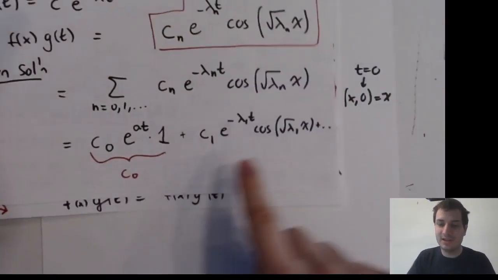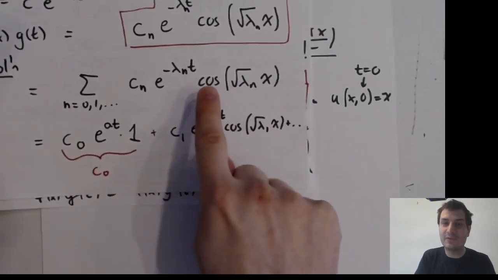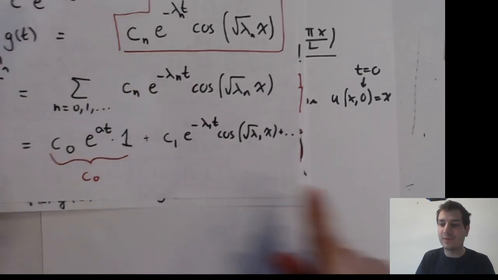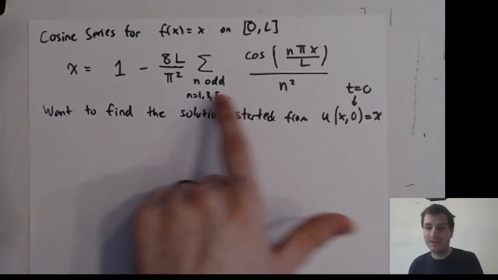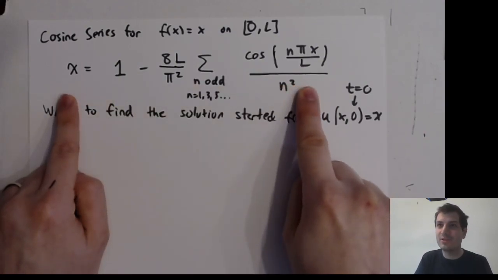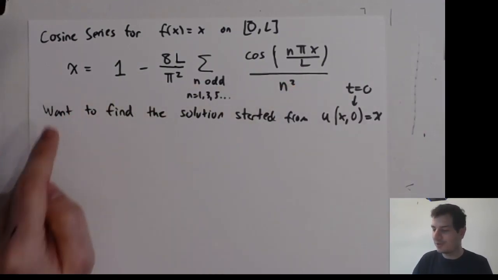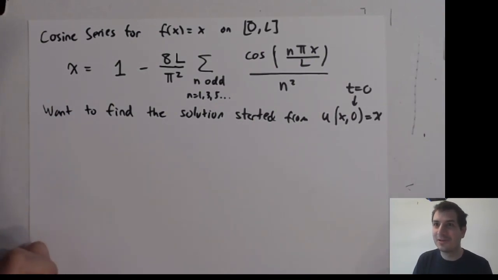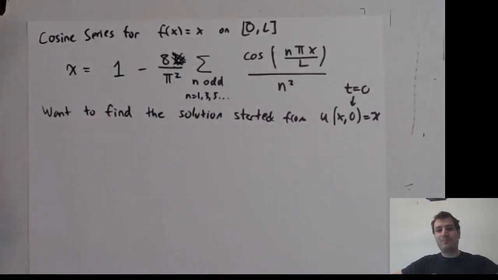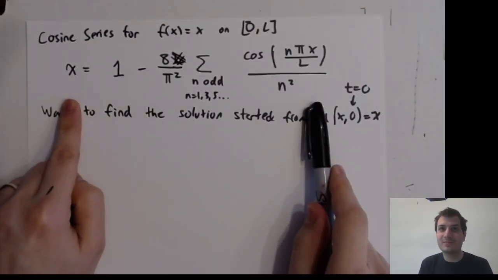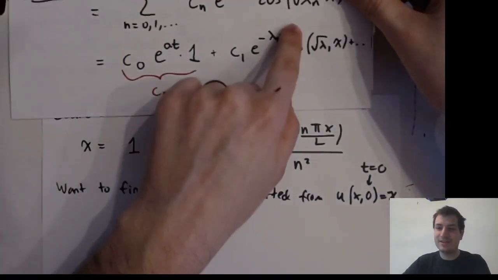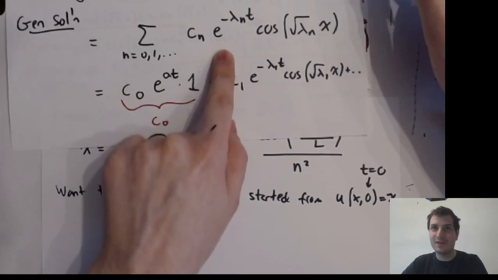The general solution is this cosine series, and in front of each cosine you put e to the minus lambda n t. So you can take this cosine series for our solution, and all you have to do to convert it into the equation is put that term in front of every cosine.